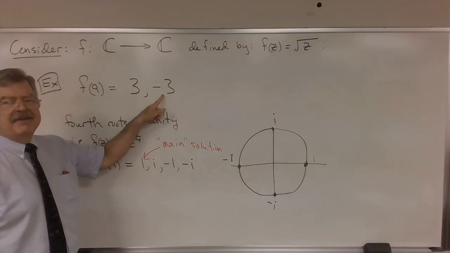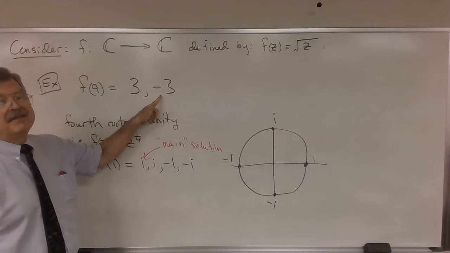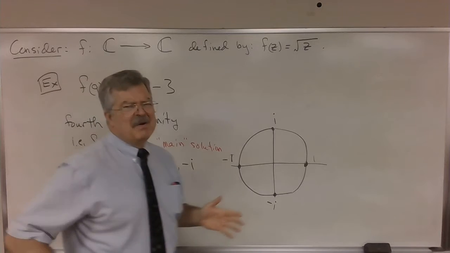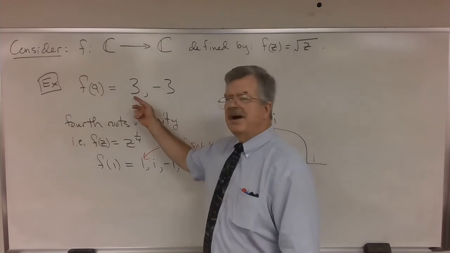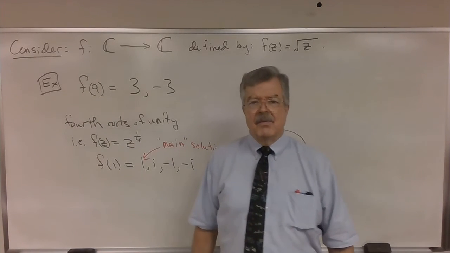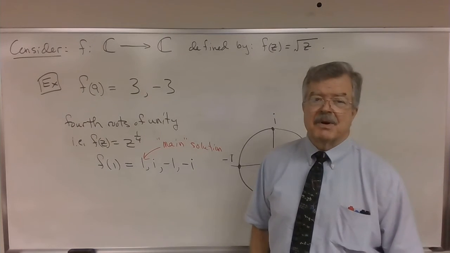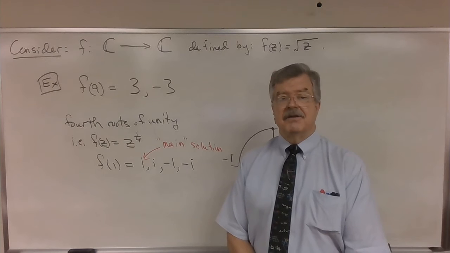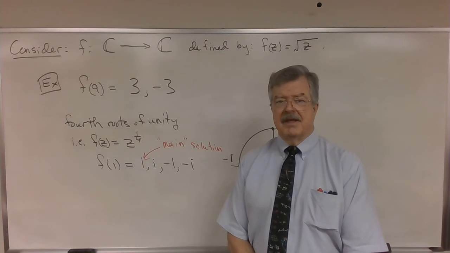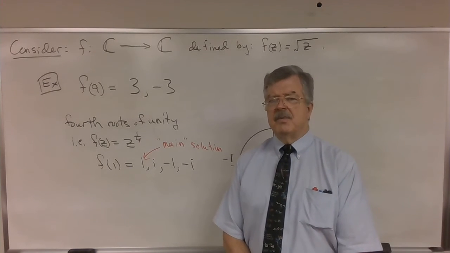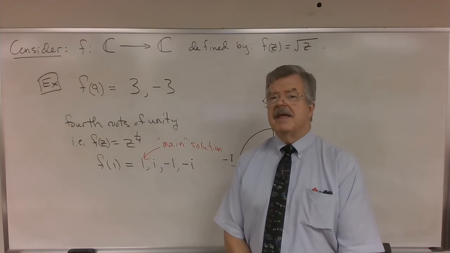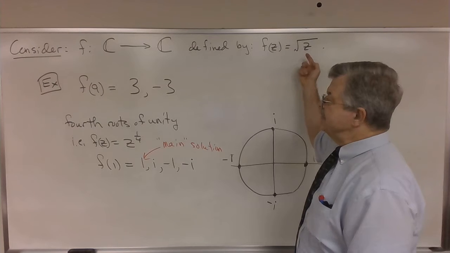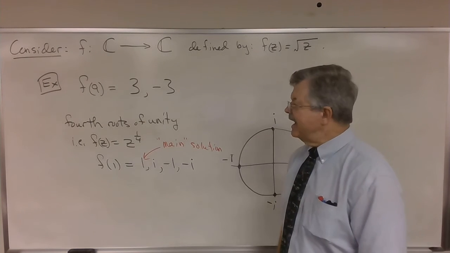And yeah, there's also -3, that's a root also. But, you know, we only take the positive root. Well, situations may arise where we want to acknowledge all of the roots of an equation. And so here's what we do in the case of the square root function, or z to the 1/2.